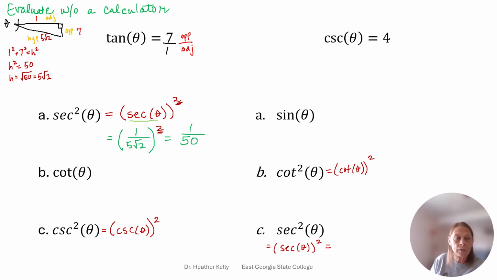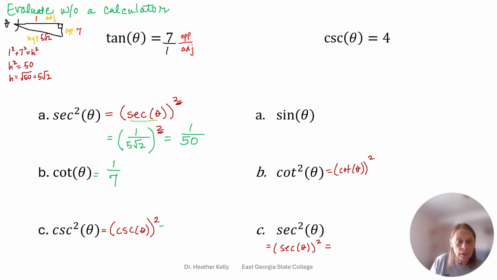Let's look at the cotan. The cotan is the adjacent over the opposite. So the adjacent is 1 over the opposite is 7. And finally, the cosecant squared of theta. The cosecant is 1 over sine, but we don't have sine, so that doesn't really help us much. It is hypotenuse over opposite.